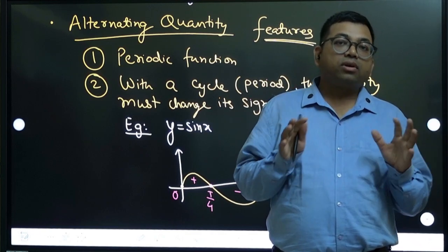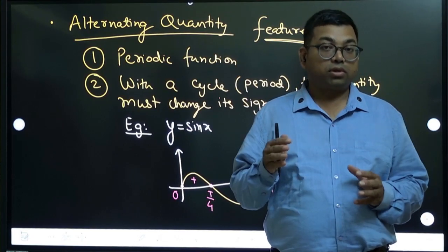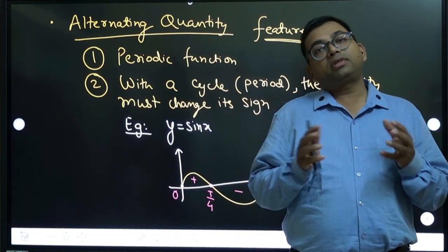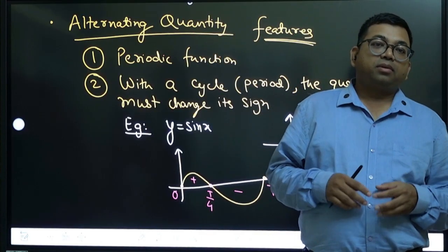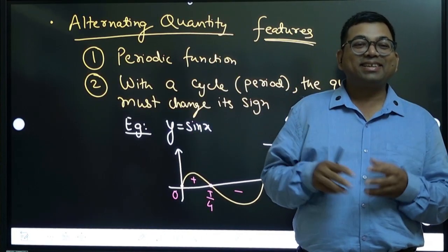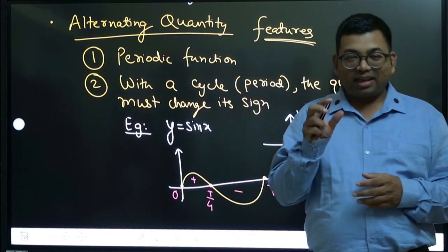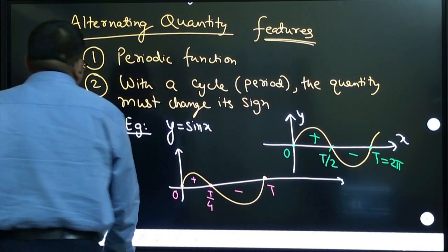That is not technically correct. It is alternating flux, alternating voltage, but the word AC has become so common that we use it for anything, right? AC price is changing, right? Anything you can use, but the actual word is alternating. Okay, so this is the feature.